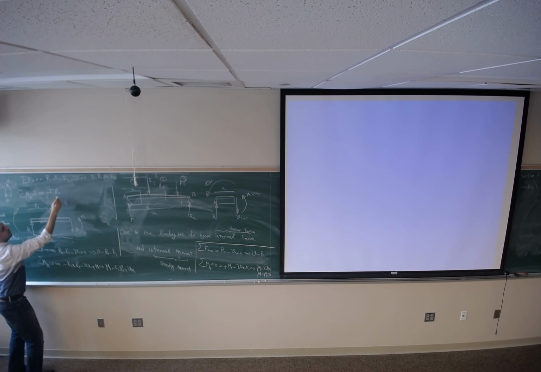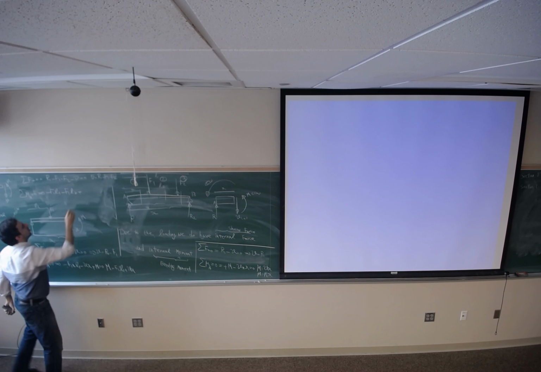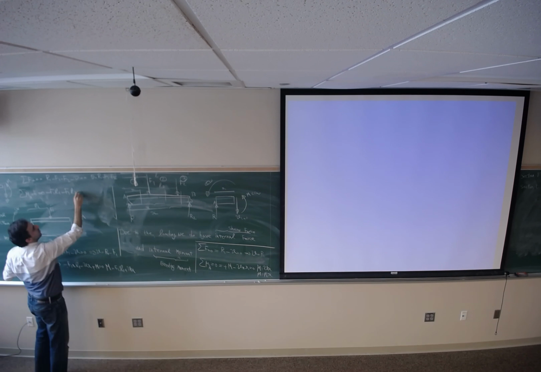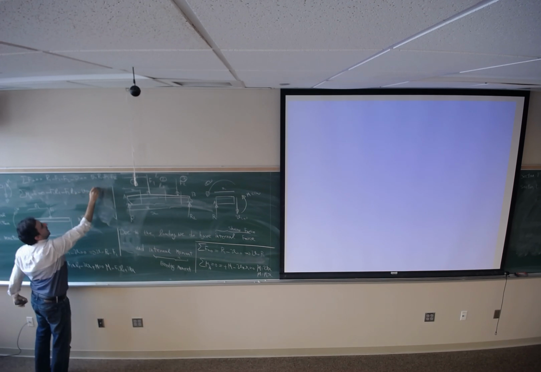This force times this distance, negative F1 times L1. This force times this distance is making clockwise. This force times this distance is making negative, and M is going to be positive.